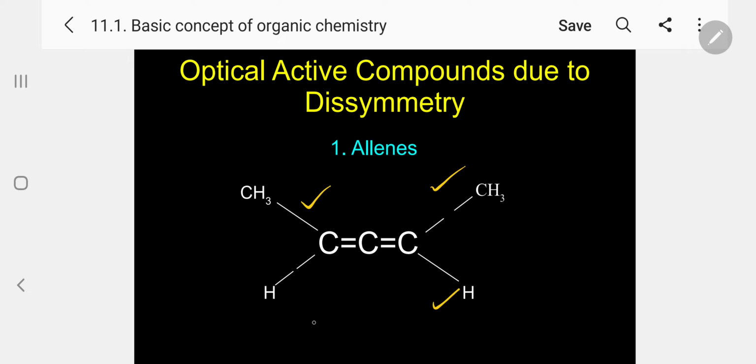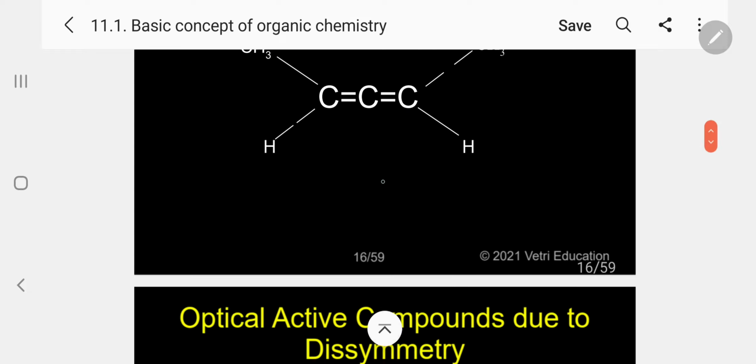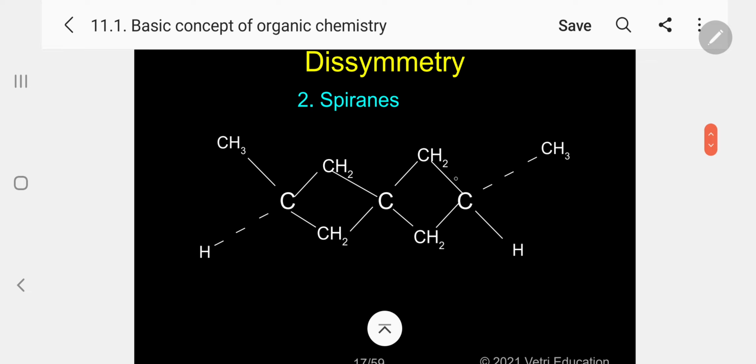In the same way, this side and this side are not on the same side. Another important piece of information: the central carbon double bonds will be perpendicular to each other. Then only is there no plane of symmetry, no center of symmetry, no axis of symmetry. So it is optically active.